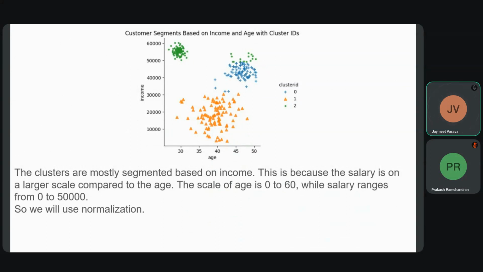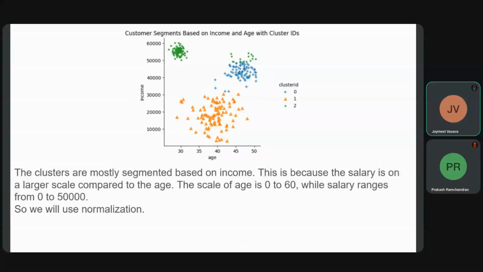Regarding the clusters plotted here, there is an issue: the clusters are mostly segmented based on the income. What I mean is that the salary is on a larger scale compared to the age.